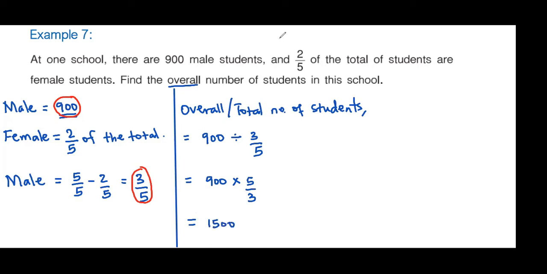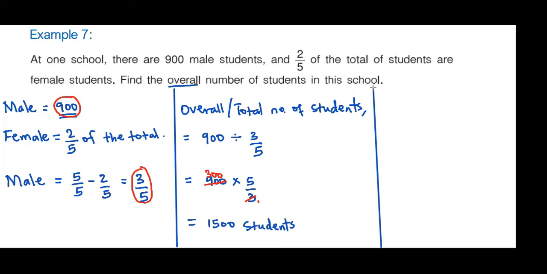Yes. You divide 3 by 3 and 9 by 3, then and 2 zeros, right? And 3 times 5 is 15 and 2 zeros. Yes, that's very good. So the total number of students is 1,500 students. Very good. Do you understand that, all of you?